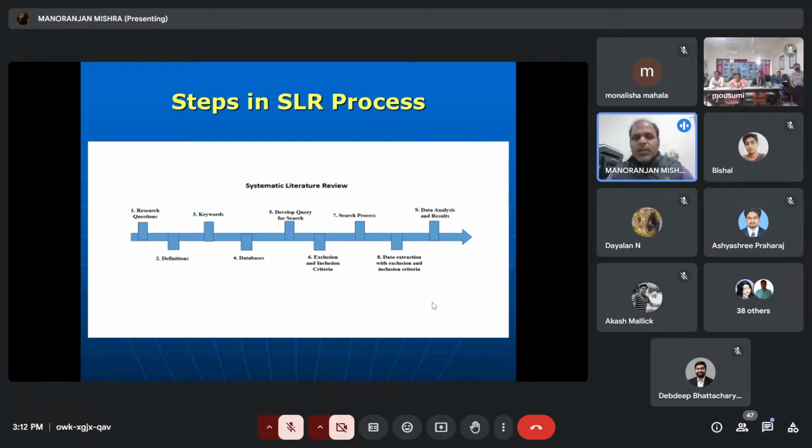Then again, you have to develop a search query. As I said, use Boolean algebra to join these keywords. Then you develop the inclusion and exclusion criteria. Then you start the search process. Inclusion and exclusion means, if you go to the database, what time period you have to take, and what country you are going to take.